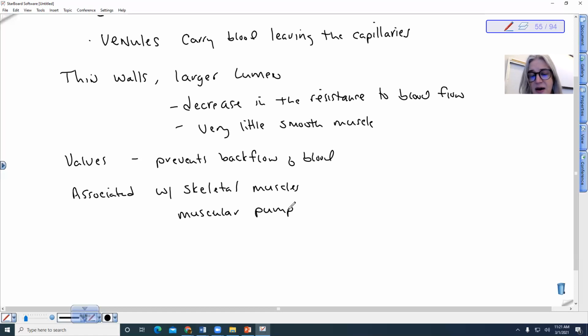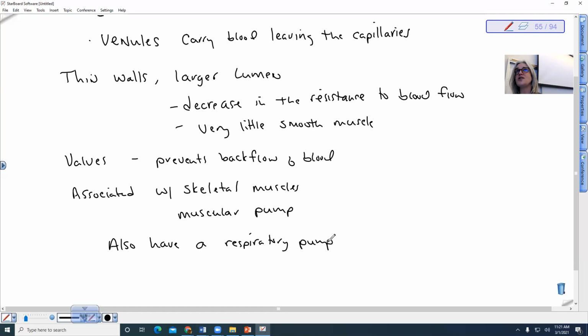We also have a respiratory pump. So when we breathe, we use our muscles between our ribs, our intercostal muscles, and we also use our diaphragm and our abdominal muscles. And what this does is change pressure in the thoracic region.